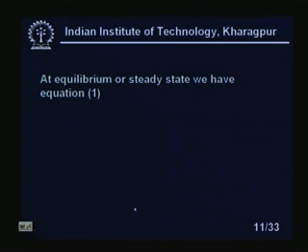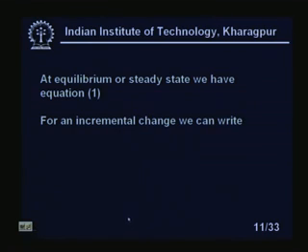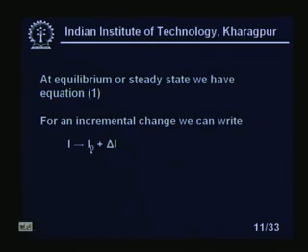At equilibrium or steady state, we have equation 1. For an incremental change, there is a change in the wire temperature due to the change of velocity. Let us write I as I naught plus delta I. The wire temperature, previously in steady state T W naught, becomes T W naught plus delta T, the change in wire temperature.